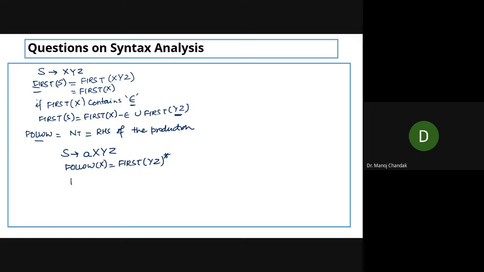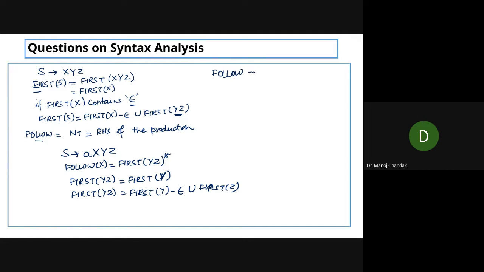First of yz will be equal to first of y. And if first of y contains epsilon, then first of yz is equal to first of y minus epsilon union first of z. And very important, follow will never have epsilon.